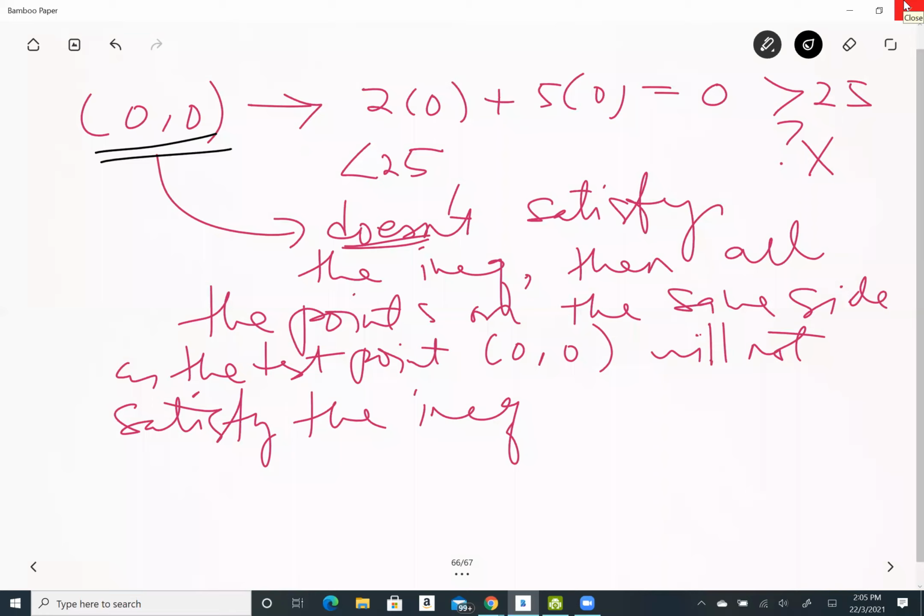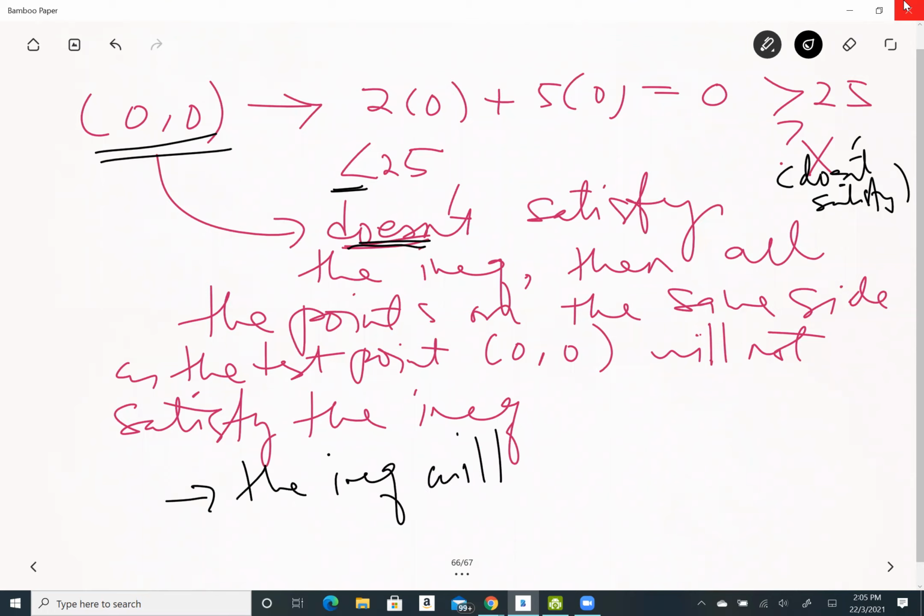And 0 does not satisfy the inequality, because 0 is not bigger than 25. In fact, 0 is less than 25. So 0, 0 does not satisfy. So what is our conclusion? Our conclusion would be that the inequality will be all the points on the other side.